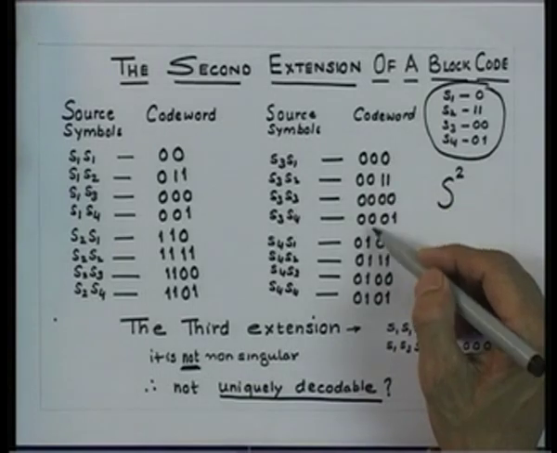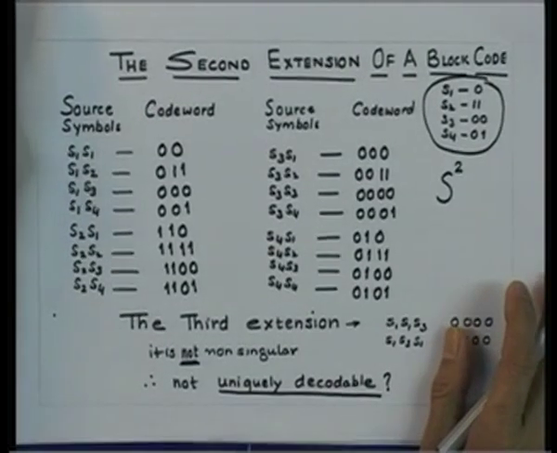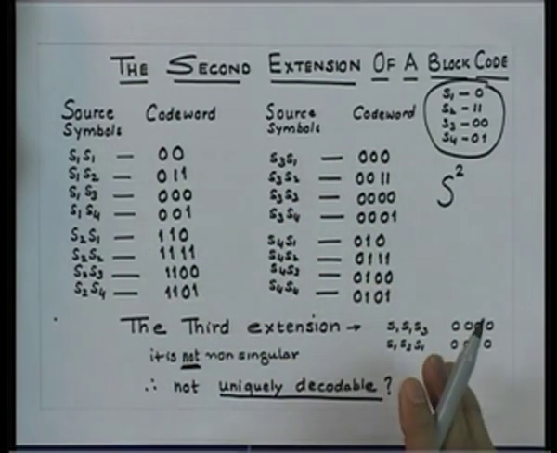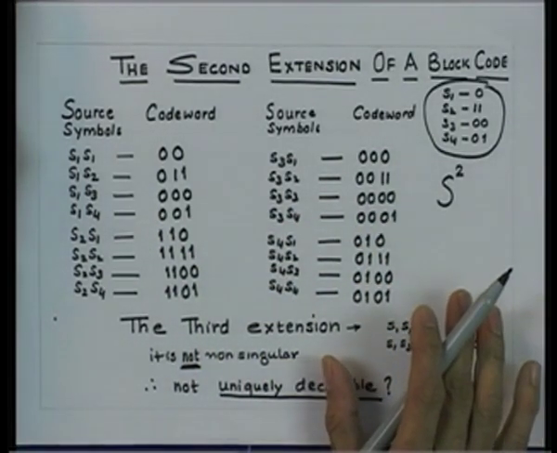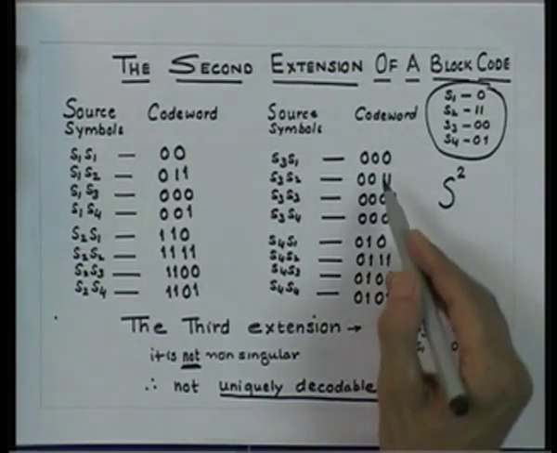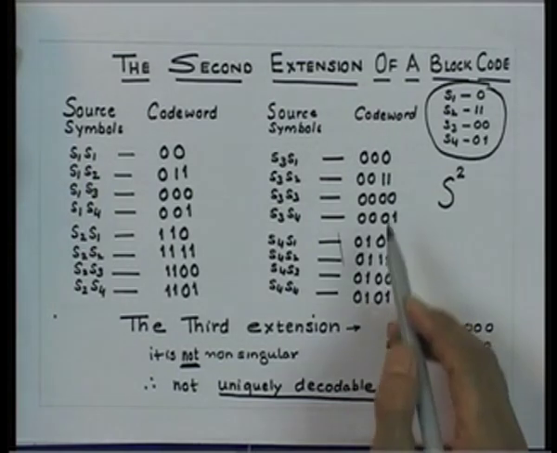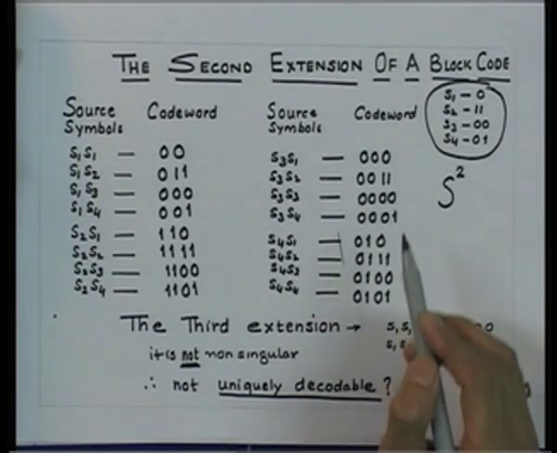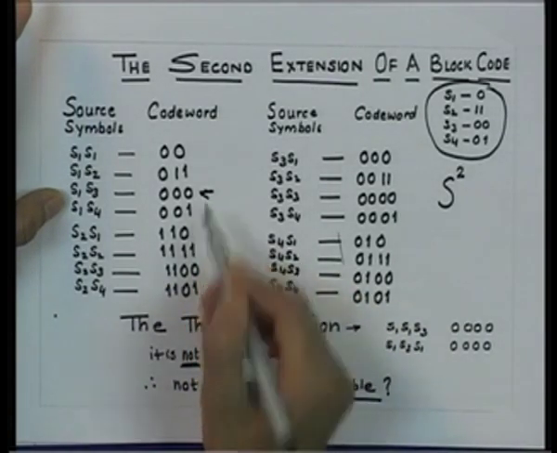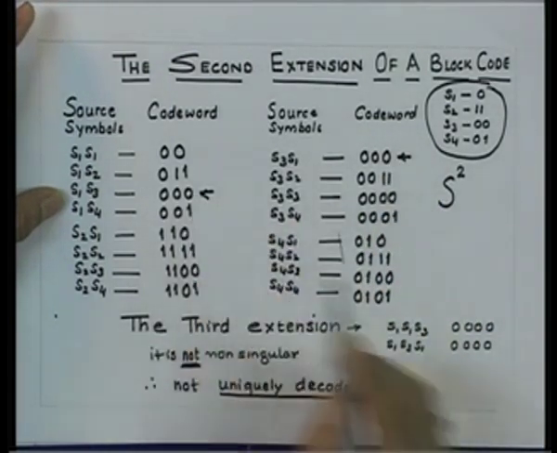So, this is the code which I generate for the second extension. Now, if you look at this code which we have generated for the second extension, by the definition of any extension of a block code, we will find that this code is not non-singular, because if you look at S1, S3 and S3, S1, the code words for both of these are identical.